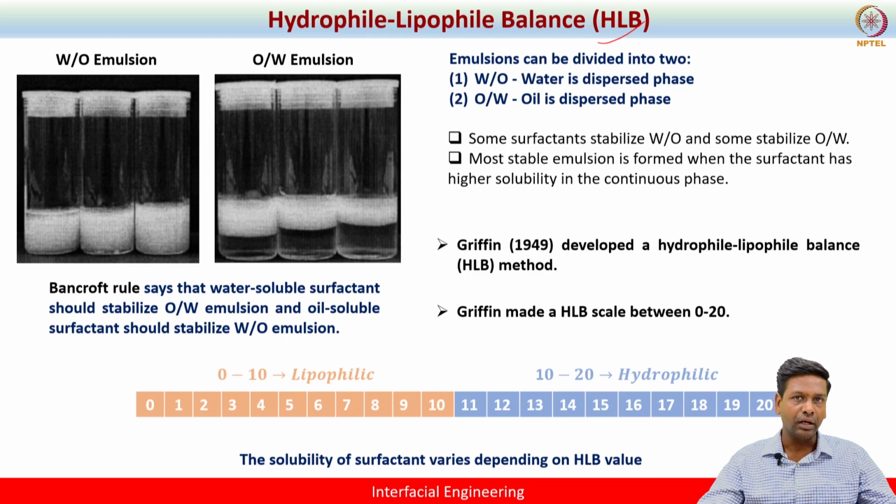Let's say if it is water in oil, you can say that the emulsifier is most soluble in the oil phase. That comes from the Bancroft rule, which says that the continuous phase will be the one in which the emulsifier is most soluble.